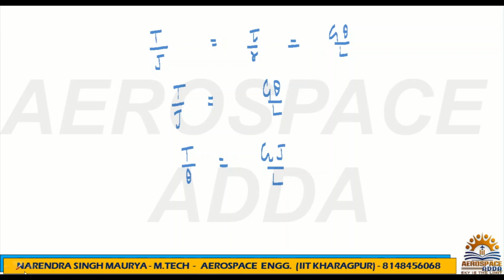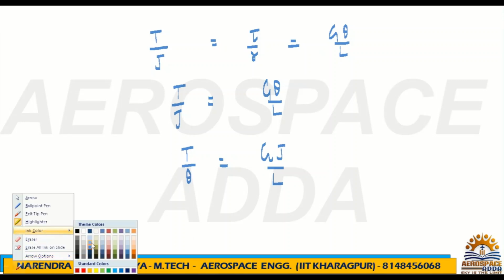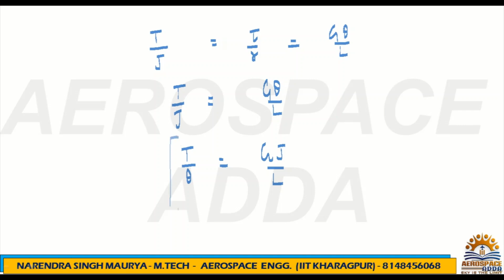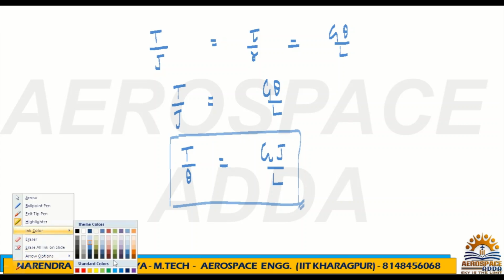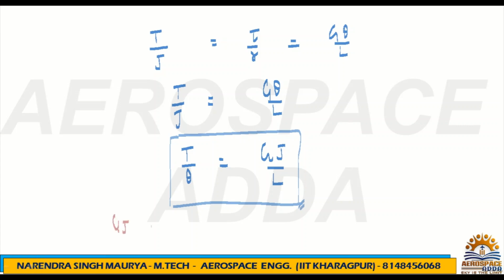In this formula, what is this GJ? This GJ is called torsional rigidity. Okay, torsional rigidity.